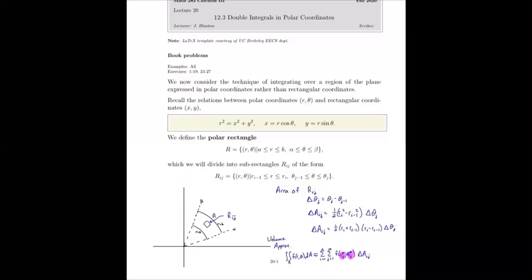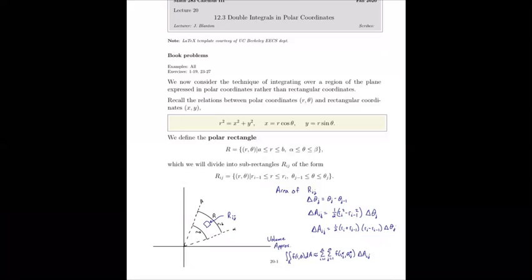As we shrink them down, these two values become the same in the limit. So we have 2r times 1/2, so we have a factor of r. This difference, which is delta r, in the limit is going to be dr. So our formula ends up with an r dr d theta in it when we take the limit as the dimensions go to 0. In other words, our area goes to 0.